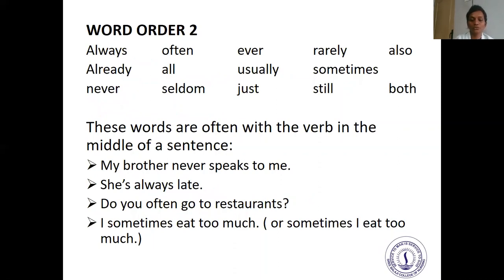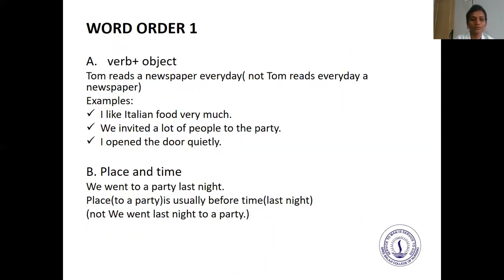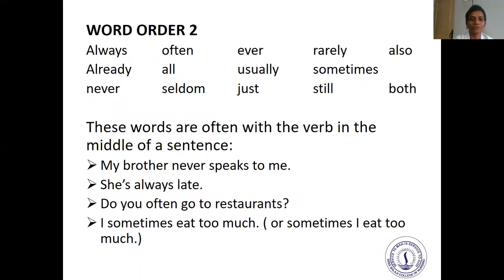In word order 1, we have seen verb plus object and place and time. Word order 2: always, often, ever, rarely, also, already, all, usually, sometimes, never, seldom, just, still, both. These words are often with a verb in the middle of a sentence.